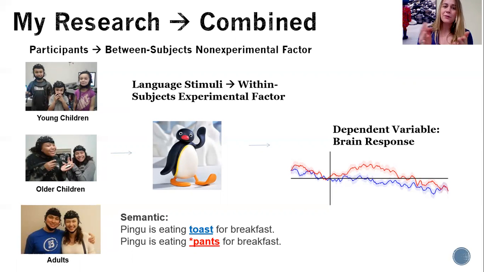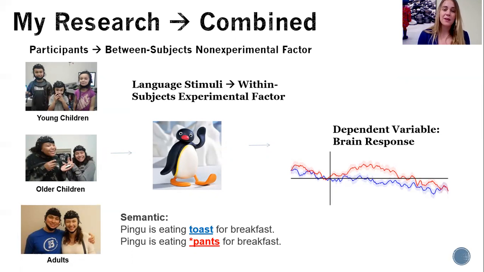And this is an example of a within subjects factor because I counterbalanced multiple different kinds of stimuli in the same design. I controlled it and I manipulated what they heard. So they watched Pingu videos, and the narrator either used sentences that made sense, that were correct, like Pingu is eating toast for breakfast, and there was a video of Pingu eating toast, or sentences that didn't make sense, like Pingu is eating pants for breakfast.